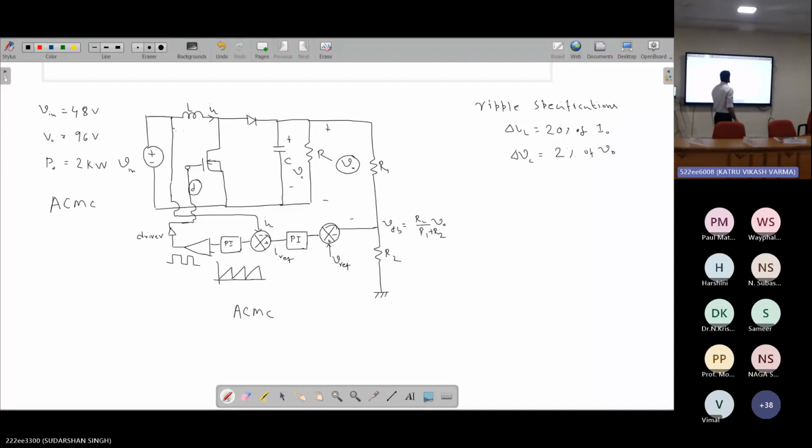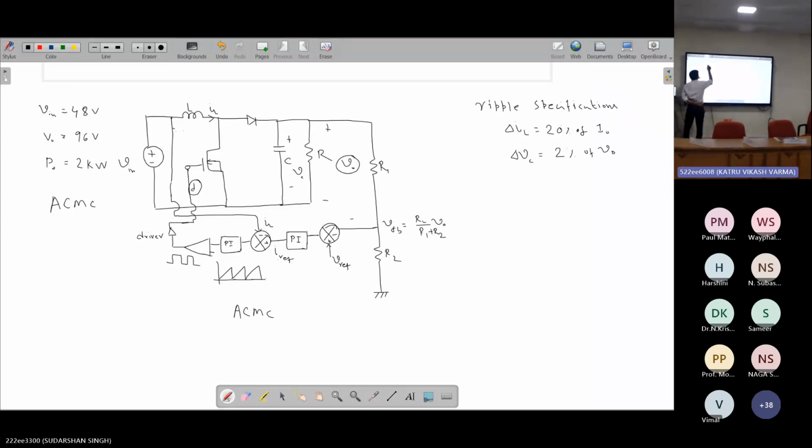So let us first draw the two waveforms IL and VC, then you can understand how you can get the L and C values from this ripple specification.